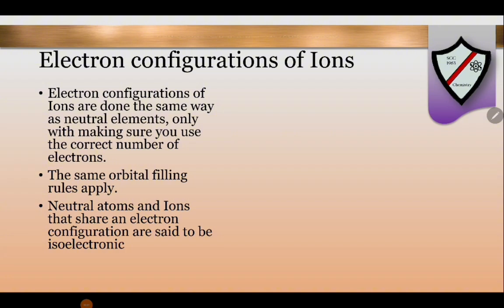And so let's say, for instance, you were asked to write the electron configuration for a sodium plus ion. We know that sodium is atomic number 11. So a sodium plus 1 ion is going to have 10 total electrons.